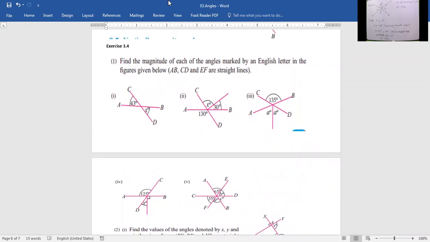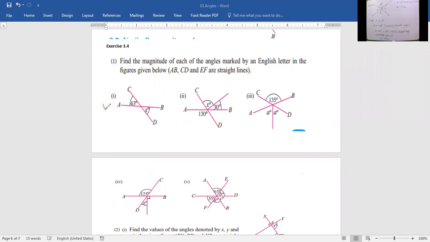Right. I think you can see this now. Before discussing the answer, try this by yourself by pausing the video, right? So pause the video and try to do it yourself first.